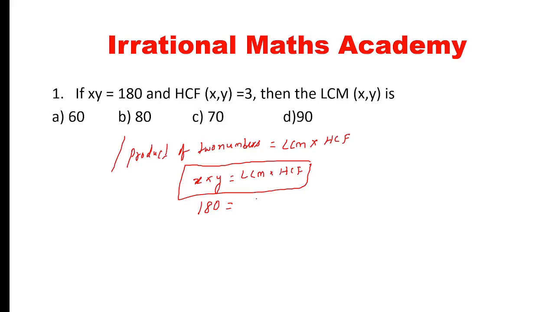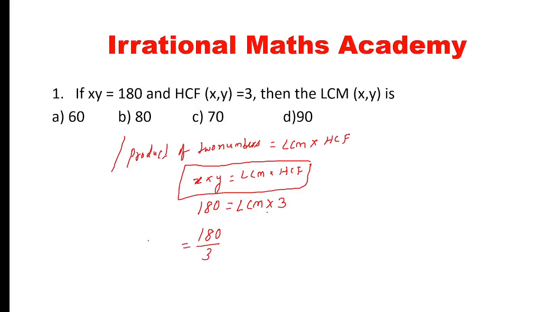And what is the LCM value? That is what we are supposed to find out. And HCF is 3. So now LCM and 3, what is the relationship between them? It is multiplication. So if I transpose this 3 to this side, it becomes division. So 180 by 3 equal to LCM, right?